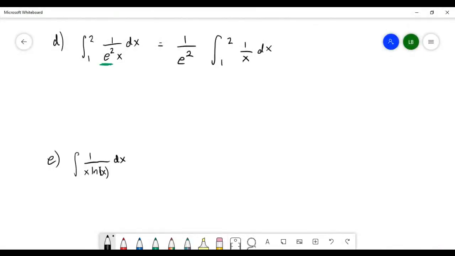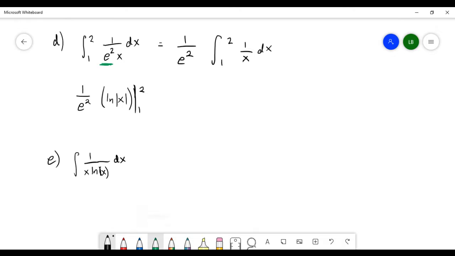And now this integral of 1 over x dx is just a really easy, simple form. Use our natural log rule. 1 over e squared, of course, stays out front. We have natural log of x, from 1 to 2. And of course, here, I'm hoping you guys remember this notation.